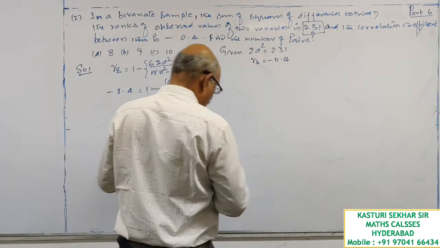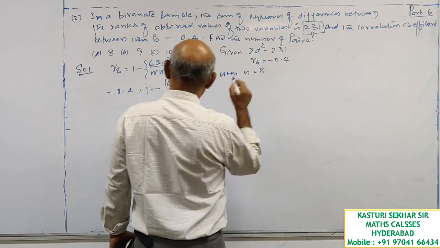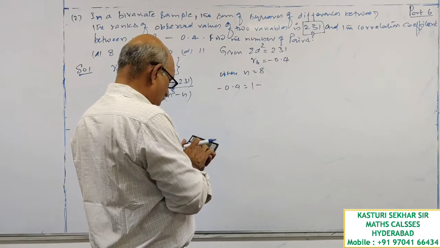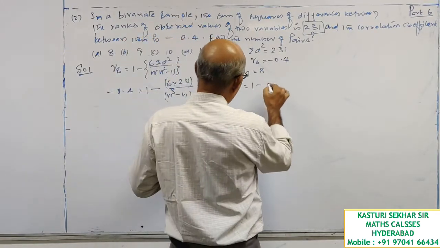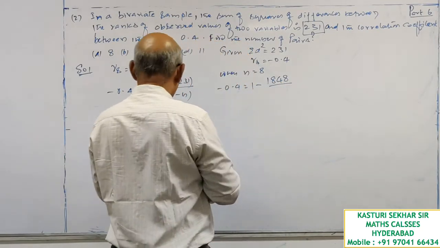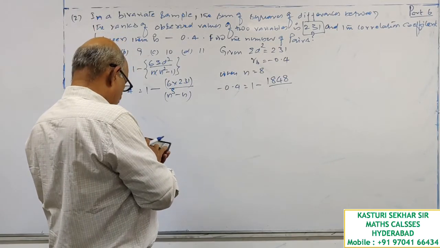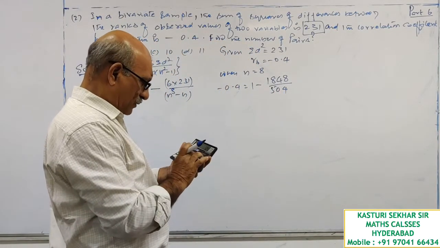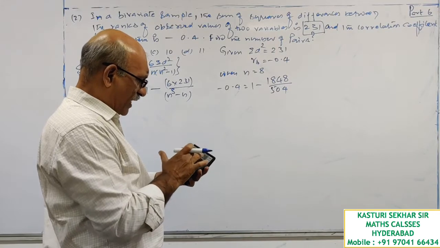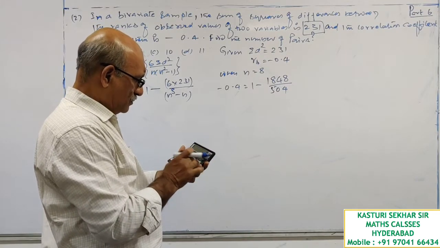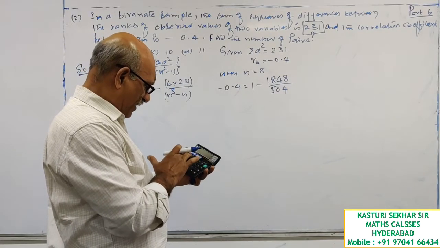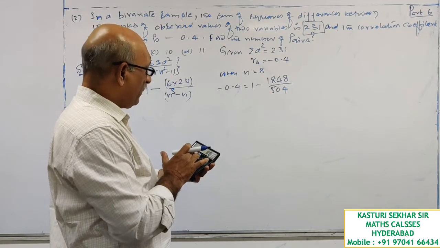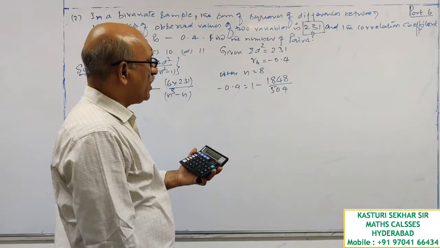When n is equal to 8, minus 0.4 is equal to 1 minus 231 into 6, that is 1848, divided by 63 into 8, that is 504. 1848 divided by 504 is 3 point something.